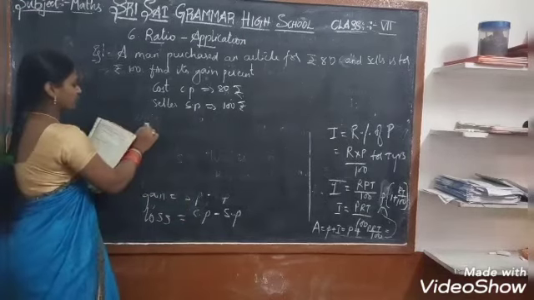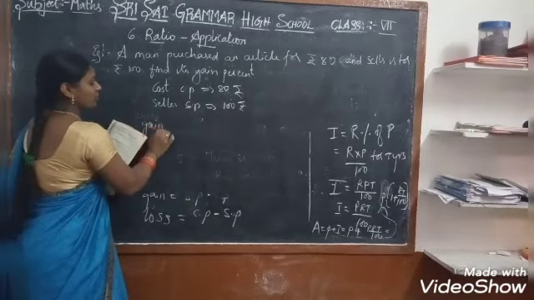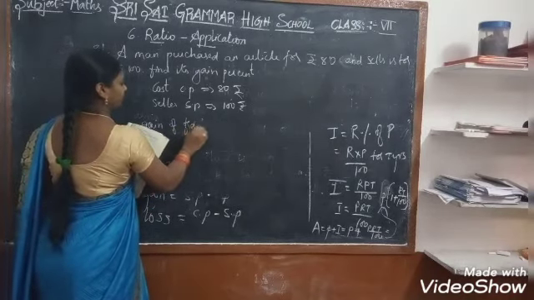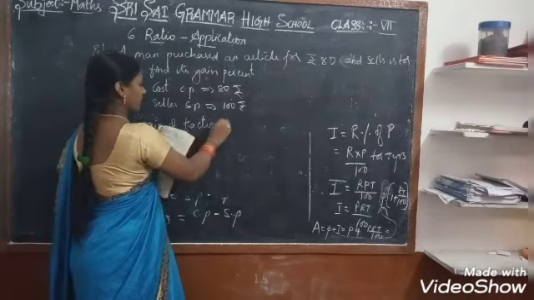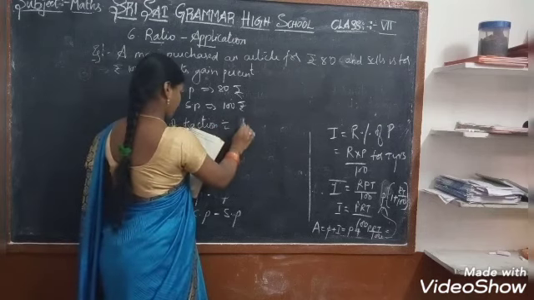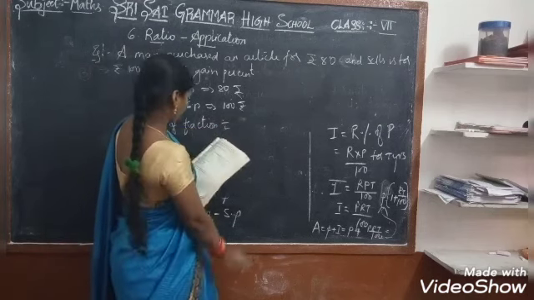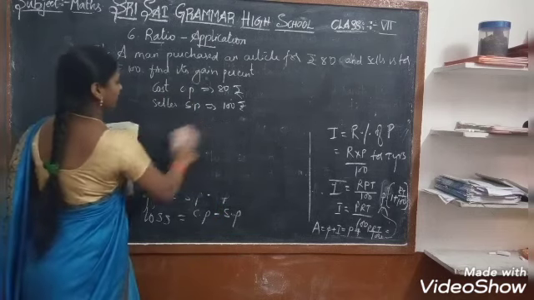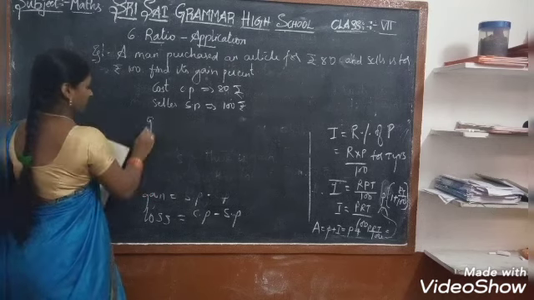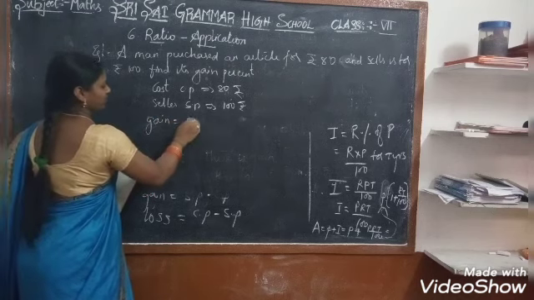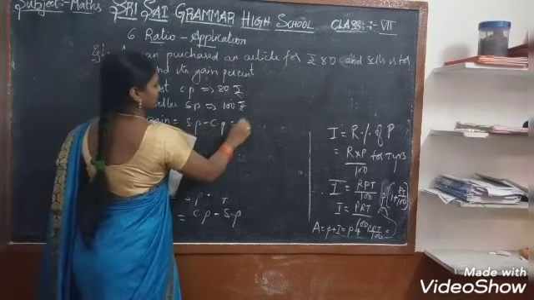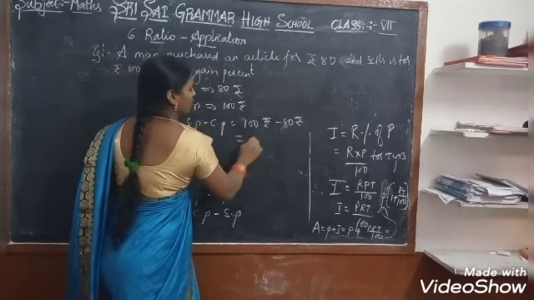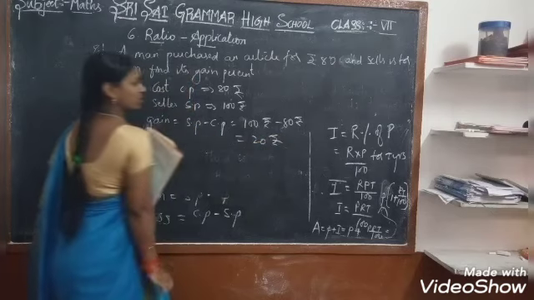Before finding the gain fraction and gain percentage, how much is the gain? Selling price minus cost price, 100 rupees minus 80 rupees. How much? 20 rupees. Okay?